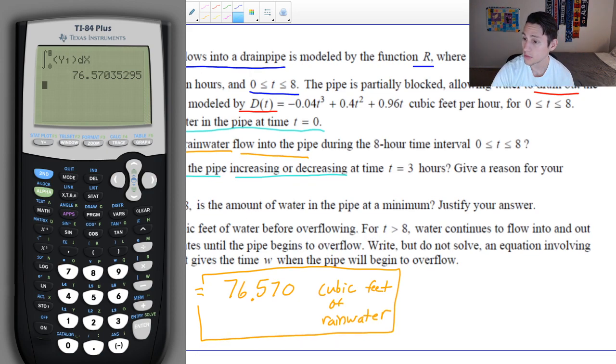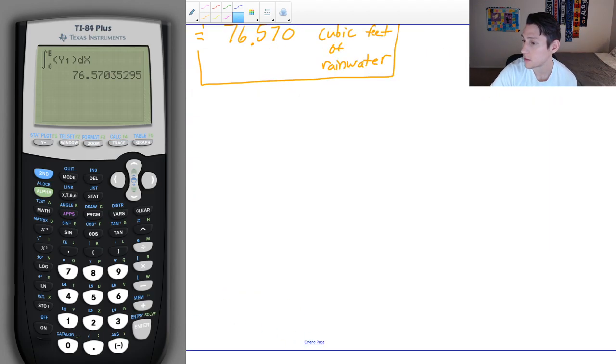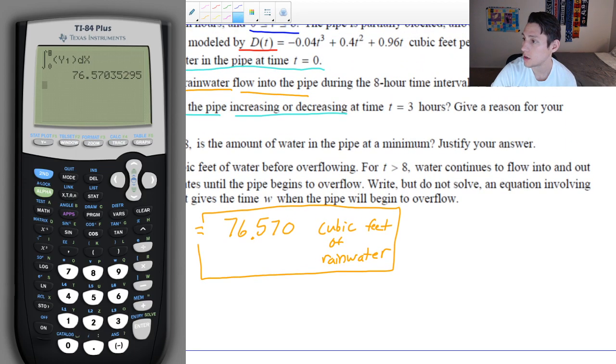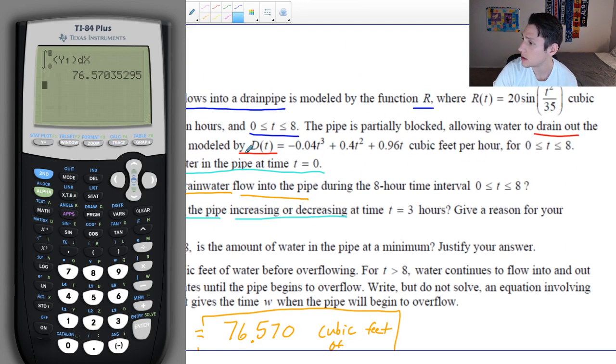Right, so we had a problem like this, I think yesterday, where I know a function R represents the amount of water that's flowing in. I know D of t is the rate of the water that's flowing out. So I just need to compare which one of those is greater.